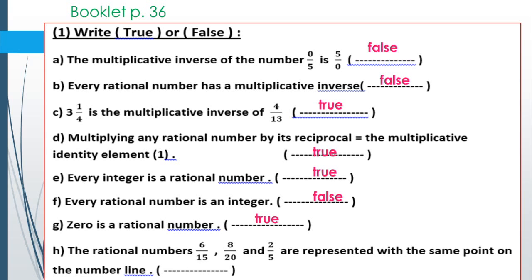Second number, 8 over 20 divided by 4 up and down, it will be 2 over 5. So all these numbers can be represented on the number line by the same point.